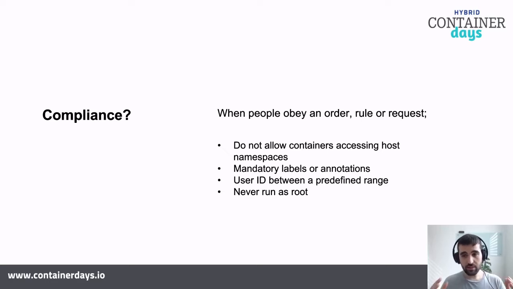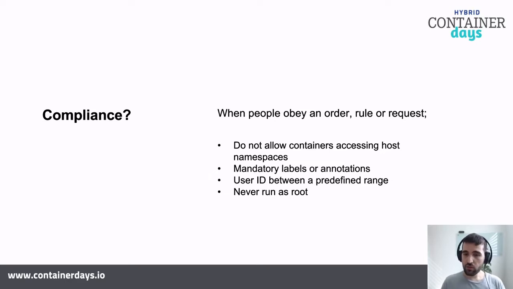In this layer we can think of maybe needing a set of mandatory labels or annotations to give additional information about the resources and the apps running in the cluster. We may say that our containers cannot share host namespaces, or cannot run as root, or cannot run as privileged containers, right?